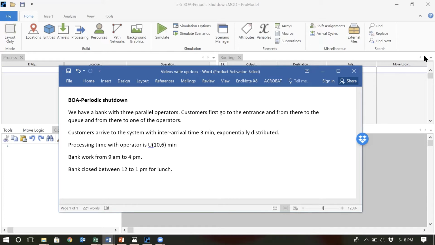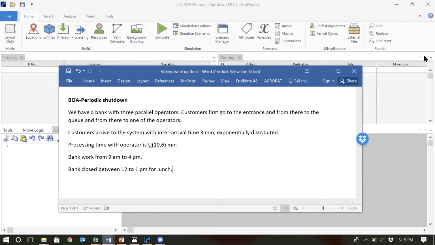So these times, for example, the lunch break, are what we call a shutdown period in the simulation, where we do not let any new customer enter the system. Also, after 4 p.m., when the bank closes, again, we do not want to let any new customer enter the system. We consider that a shutdown as well.